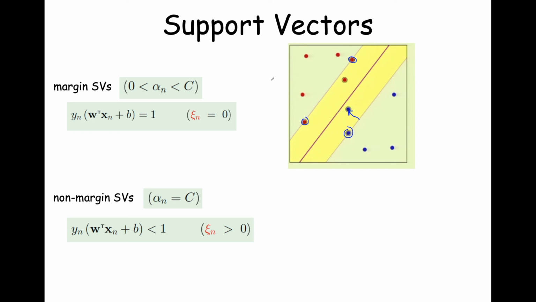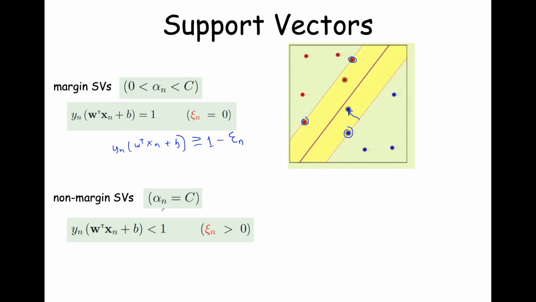The margin support vectors also have a slack of psi equals 0, right? Because remember, we said yn (W transpose xn plus b) is greater than or equal to 1 minus psi n. So if you are a margin point, psi n is going to be 0, and you're going to have the equality version, equals 1, and those were the points that we defined as the on-margin points.